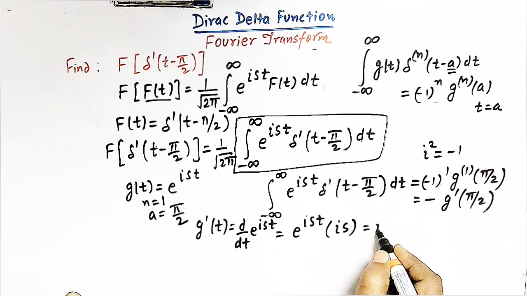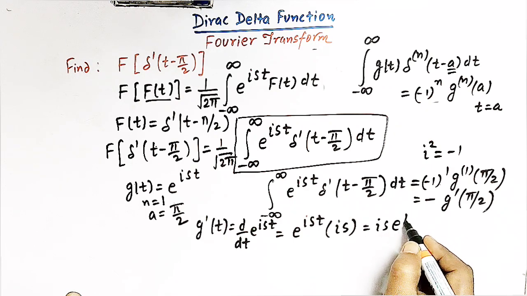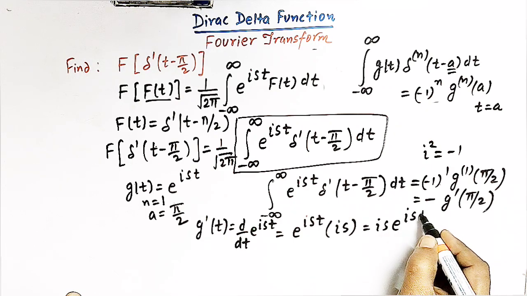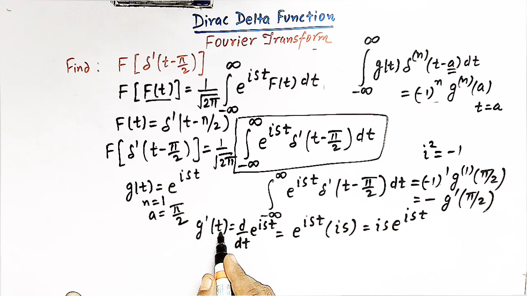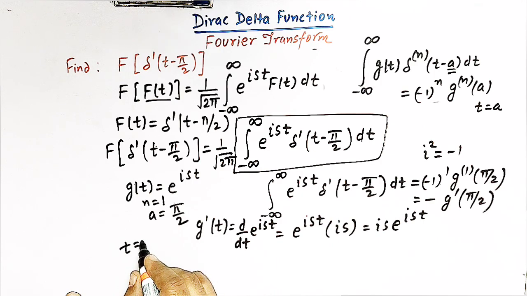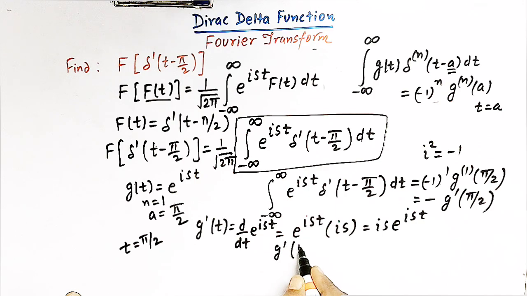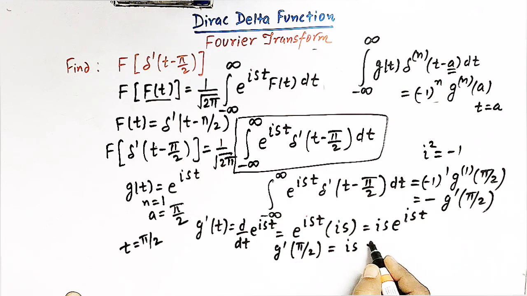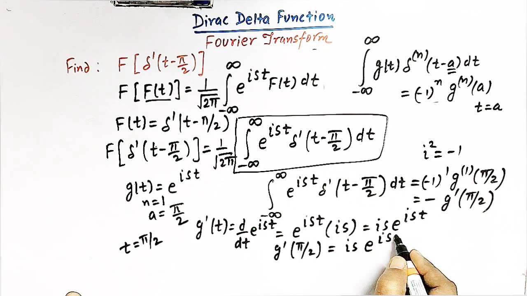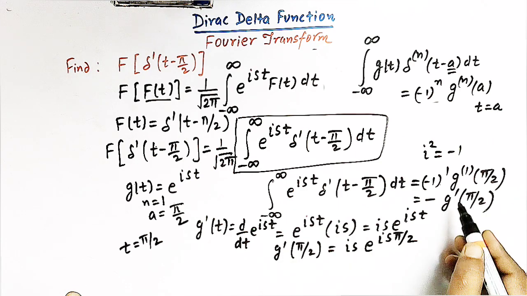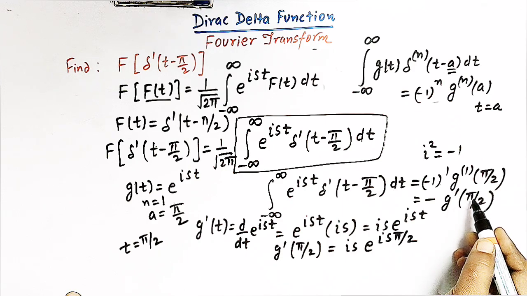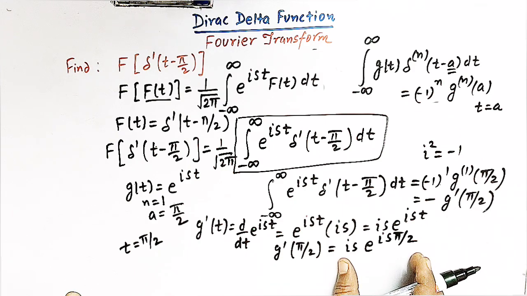So we have i s e raised to i s t. Now if we take t equal to pi by 2, then g prime of pi by 2 is equal to i s e raised to i s pi by 2.